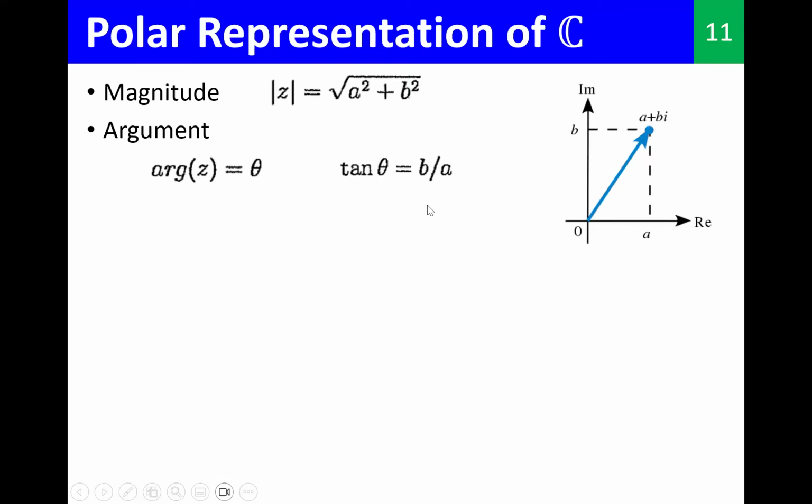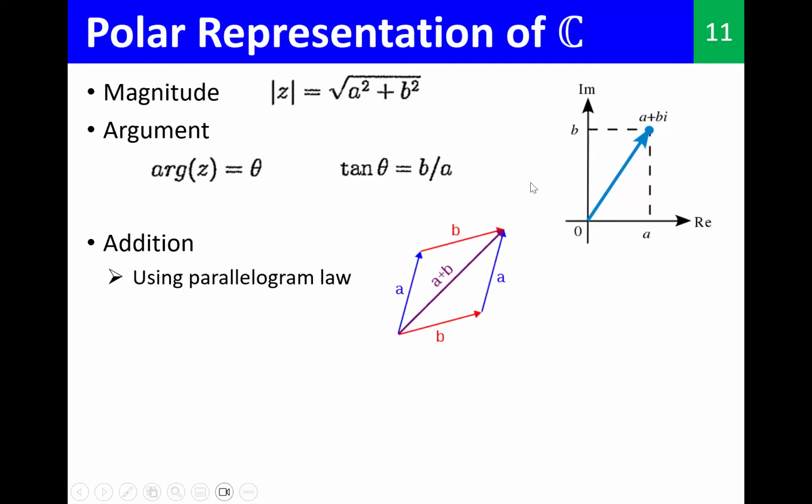Now, another way of representing complex numbers is the polar representation, right? We have a magnitude and an argument for a given complex number like this, and we know how to calculate the argument theta by taking these two elements a and b. The addition can also be done in the polar representation using the parallelogram law.